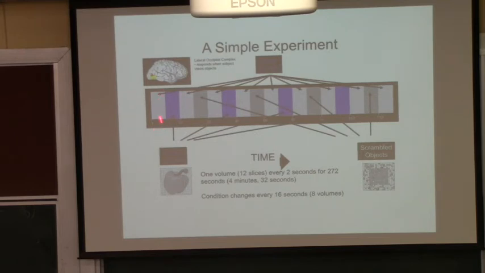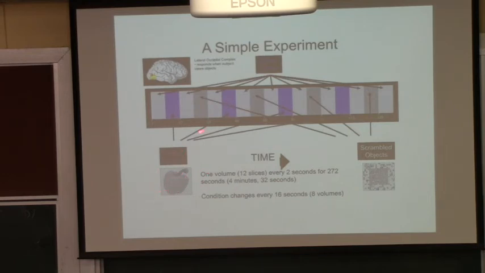So there's a rest condition. The blue regions represent presentation of the stimulus. And then the dark gray regions represent scrambled objects. Basically the same stimulus but scrambled so that you match all the properties of the image, except the features of the image itself, like its form.